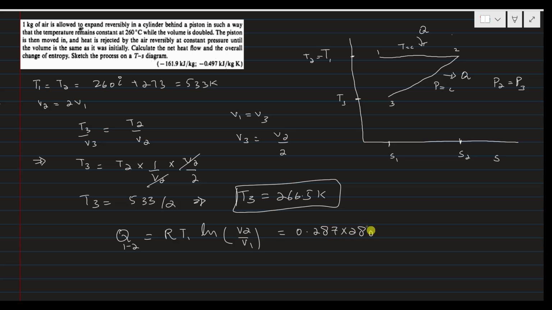That is 288. ln of the volume ratio, that is 2. Upon simplification you will get the value 106.1 kilojoule per kg, which is the heat supplied from process 1 to 2.